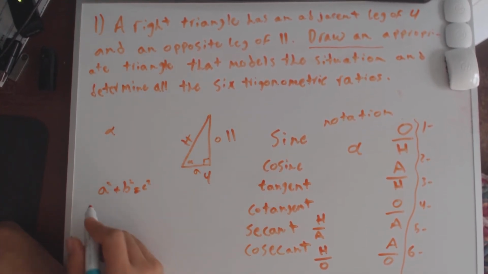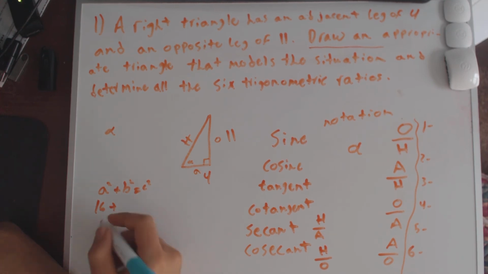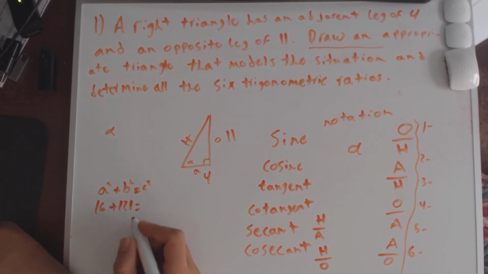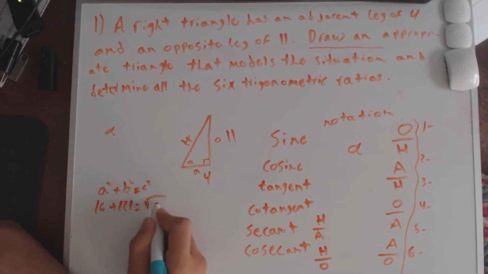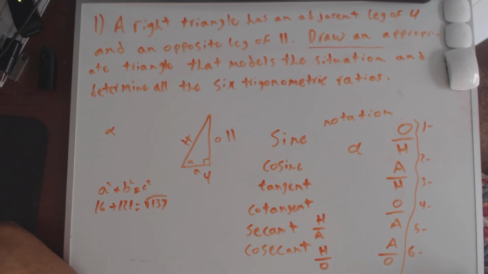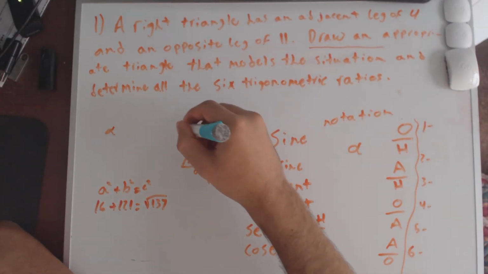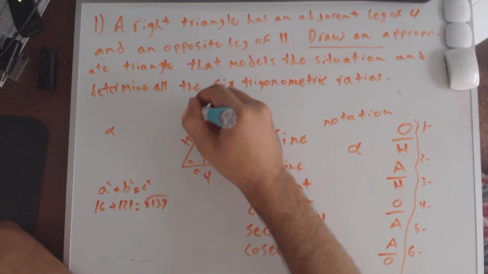So a and b: 4 squared is 16, plus 11 squared is 121. So 16 plus 121 is 137. Okay. Now we have figured out that c squared, the hypotenuse squared, is 137.